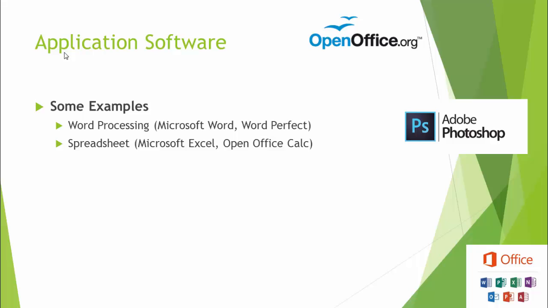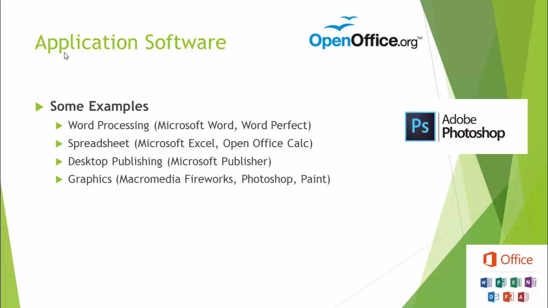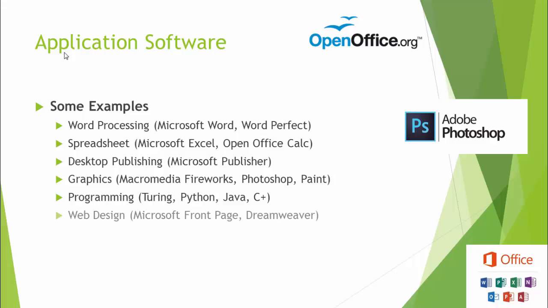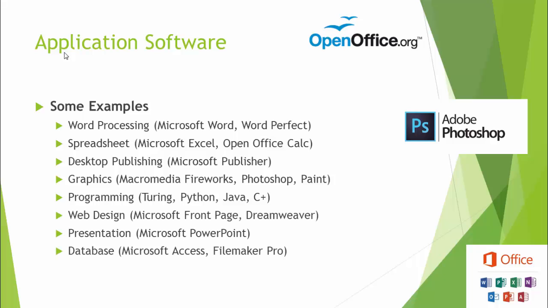There are various things you can do with applications, including word processing, spreadsheets, desktop publishing, graphics software, you name it. Now, we lump programming tools into application software as well. You could just as easily make this list as I could, I'm sure.